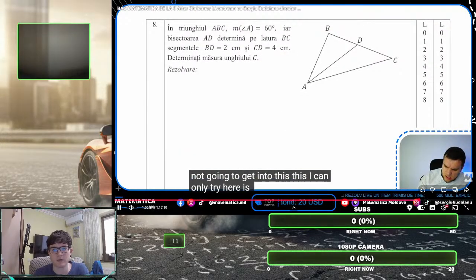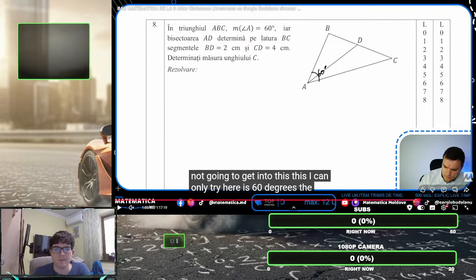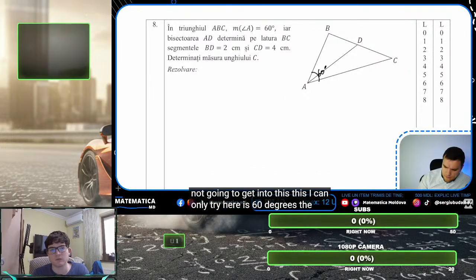So we got this exercise 8. So I've got a triangle here, ABC, and A has 60 degrees, and AD essentially splits A into 2, so the left angle is going to be 30, the right angle also 30, and then we can work out something with 30 degrees there.